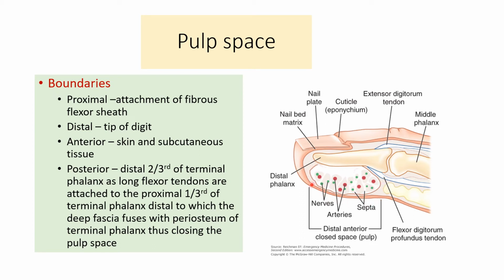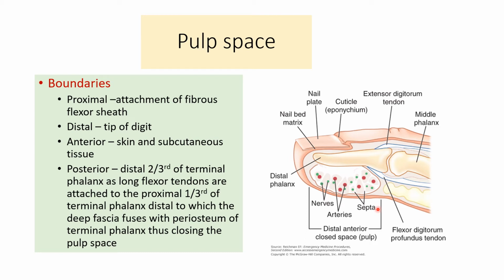Anterior to this pulp space is the skin and subcutaneous tissue, which form the anterior boundary, and posteriorly will be the distal 2/3 of the terminal phalanx, because the long flexor tendons are attached to the proximal 1/3 of the terminal phalanx, distal to which the deep fascia fuses with the periosteum.